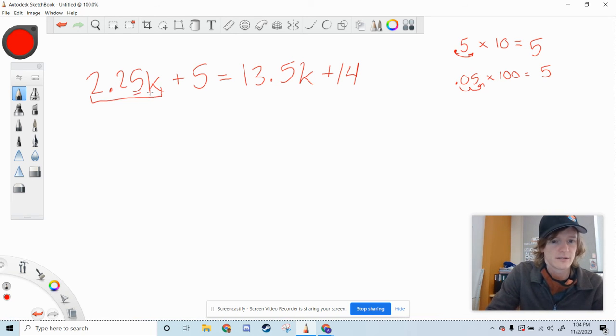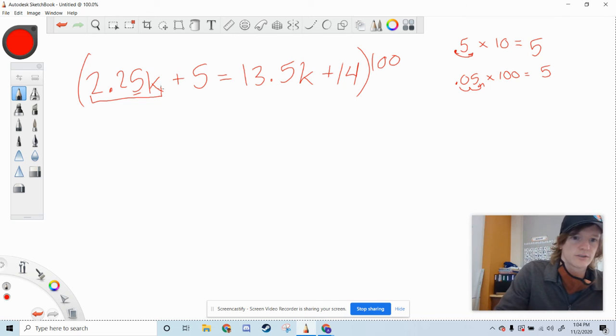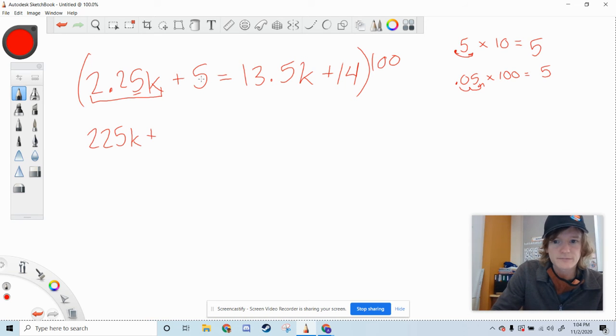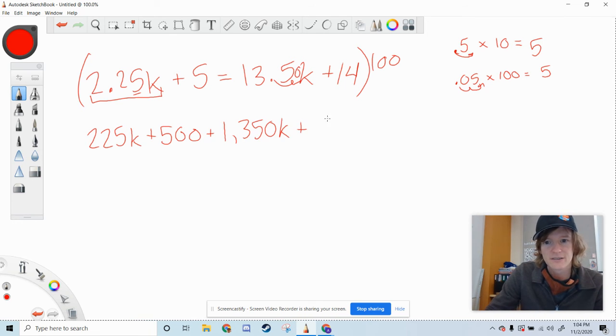We go to the hundredths. So I'm going to take all of this problem and I'm going to go times 100. So 2.25k times 100 is 225k plus 5 times 100 is 500 plus 13.5, there's a 0, move my decimal 2 times, gives me 1,350k plus 14 times 100 is 1,400.